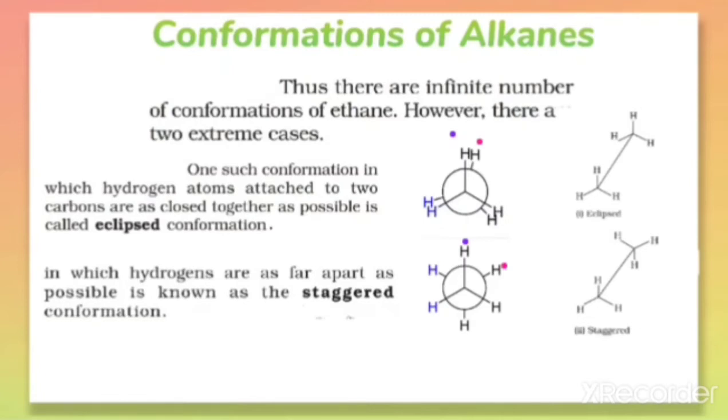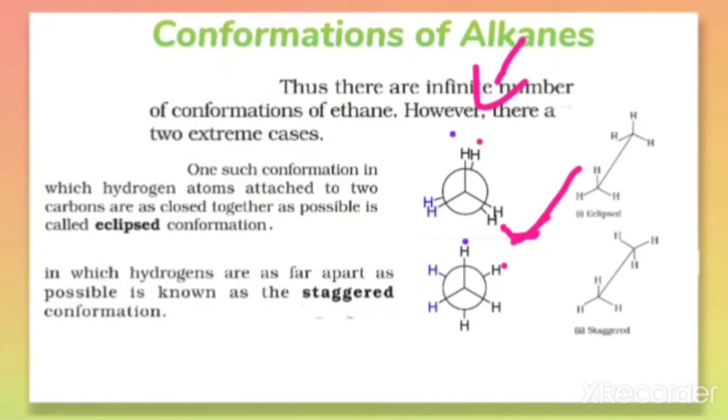Now in the first case, the front carbon hydrogen and back carbon hydrogen are as close together as possible. But in this case, they are as far as possible. So that is what we call the two extreme cases, eclipsed and staggered conformation.